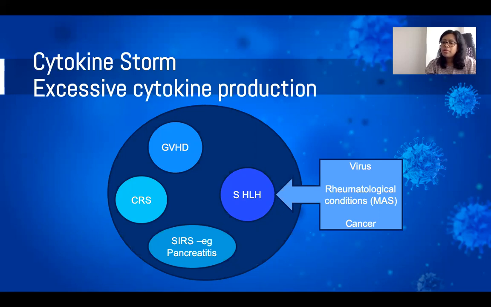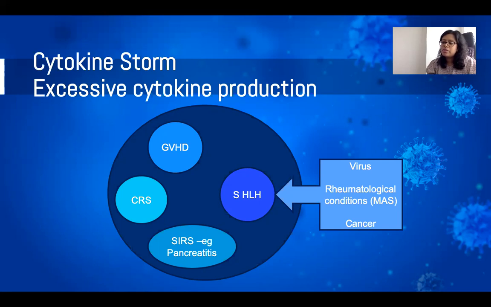So what I'm a bit more familiar with is hemophagocytic lymphohistiocytosis. I've seen a handful of cases of this in the context of a rheumatological condition. So secondary HLH is basically another cytokine storm, which is a little bit more clearly defined.